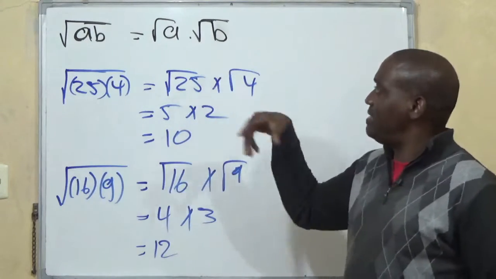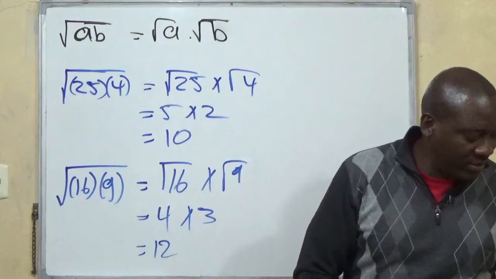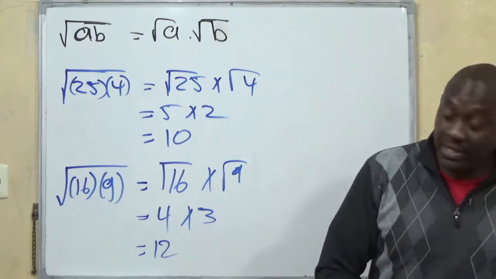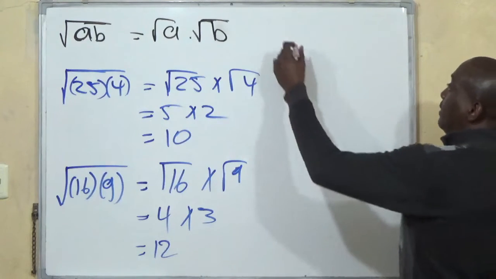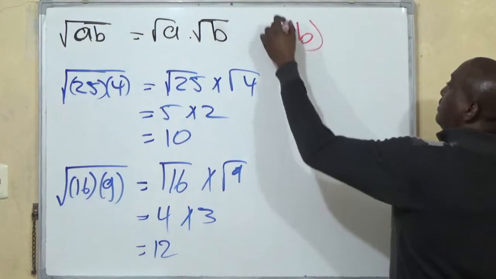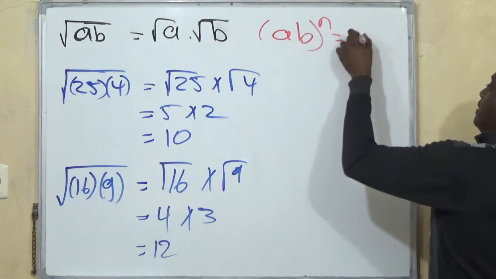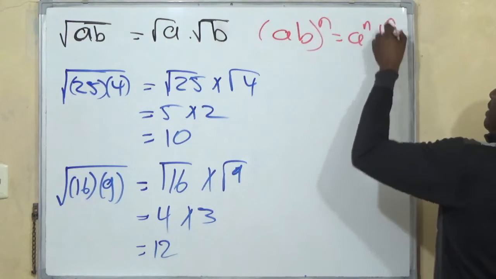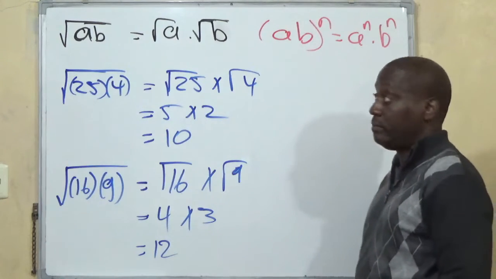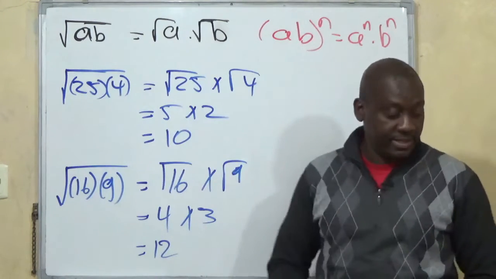Now this rule is another version of rule 9. Remember, rule 9 was simply that AB to the power of n is A to the power of n by B to the power of n. What's the connection between this in black and this in red?